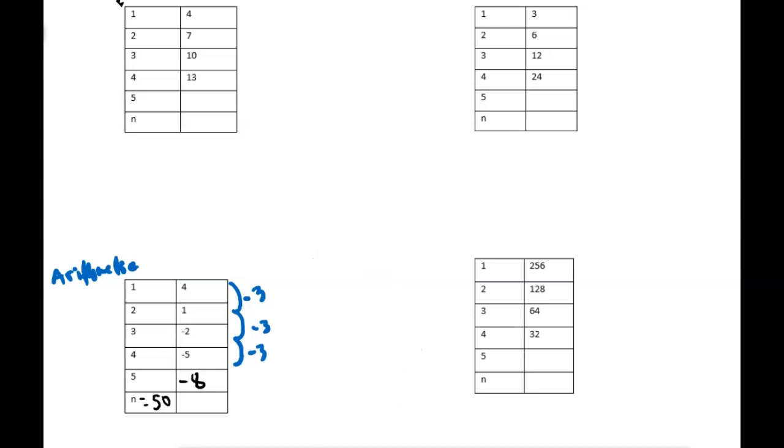Let's see what the explicit formula says for an arithmetic sequence. The explicit formula is a sub n equals the first term plus the common difference times n minus 1.